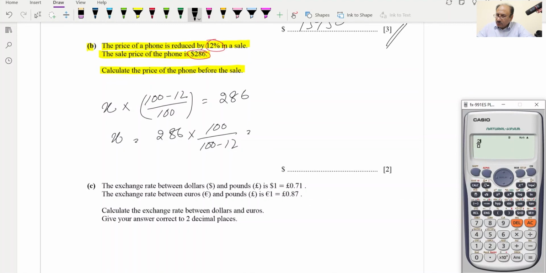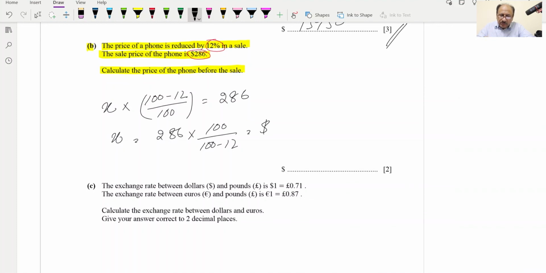So 286 multiplied by 100 divided by 100 minus 12 is equal to $325, sorry, $325. So $325 will be the answer for this 2 marks question.